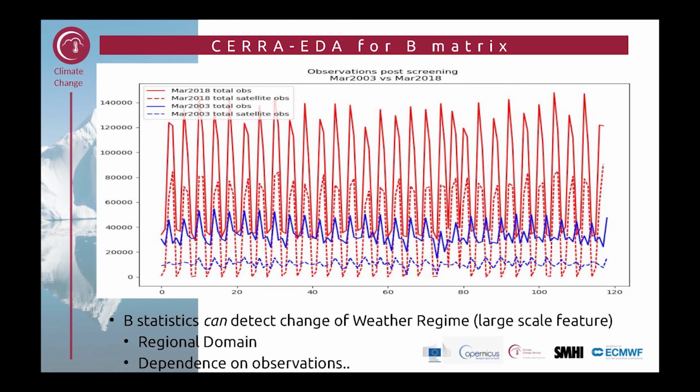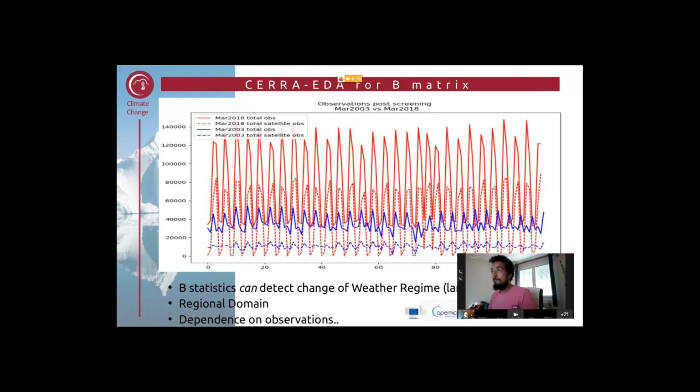So from this, you can conclude that the B statistics can detect a change of weather regime on a regional domain, which is good, but it depends on the observations. So I wouldn't expect this for any dates before 2003.